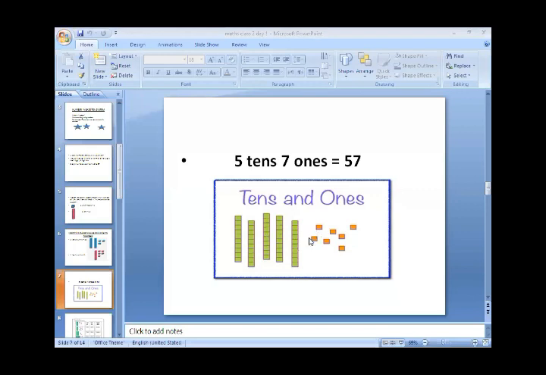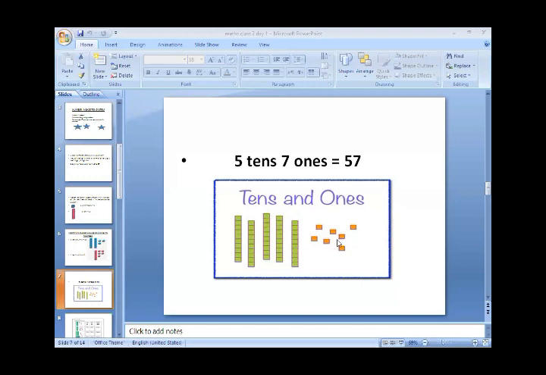Next to the groups of 10 blocks you can see small blocks here, and these small blocks show ones. So now count how many small blocks there are. 1, 2, 3, 4, 5, 6, 7. So here there are 7 small blocks.